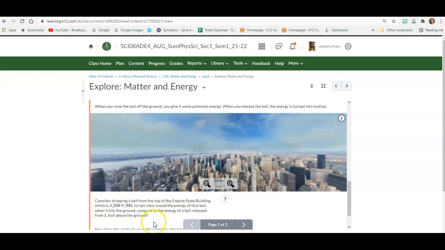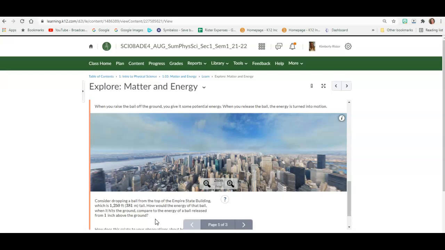So consider dropping a ball from the top of the Empire State Building, which is 1,250 feet tall. How would the energy of that ball when it hits the ground compare to the energy of a ball released 1 inch above the ground?